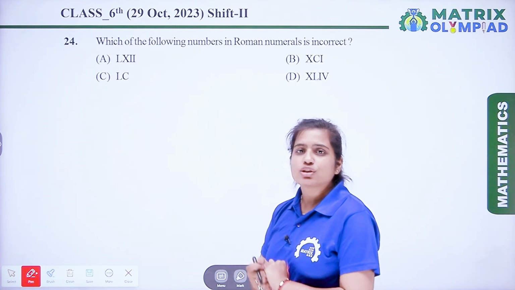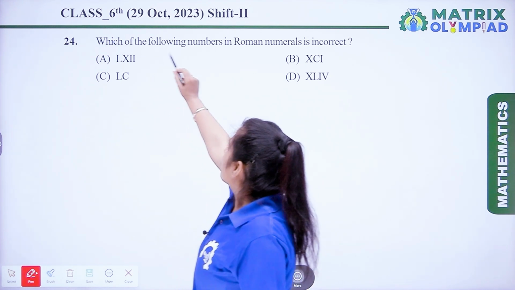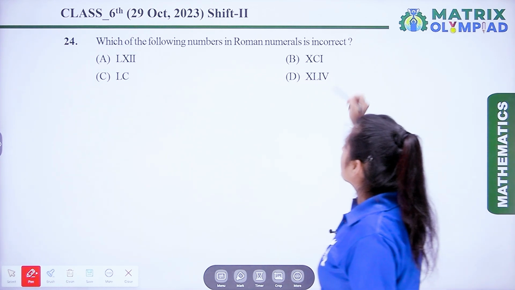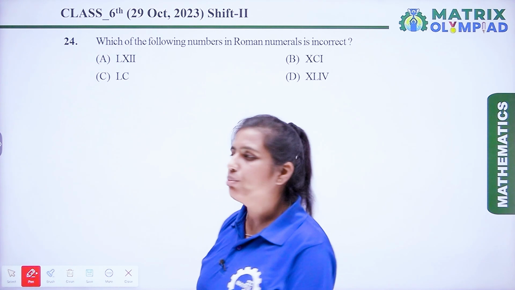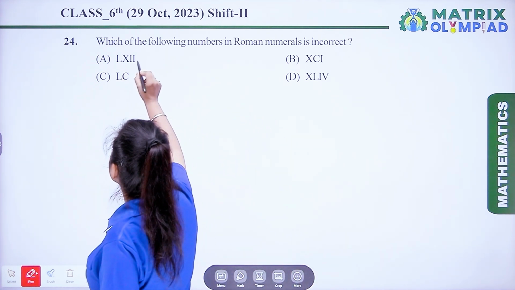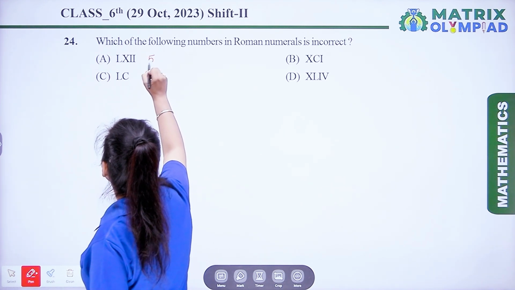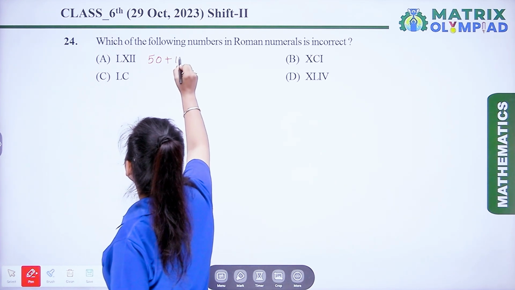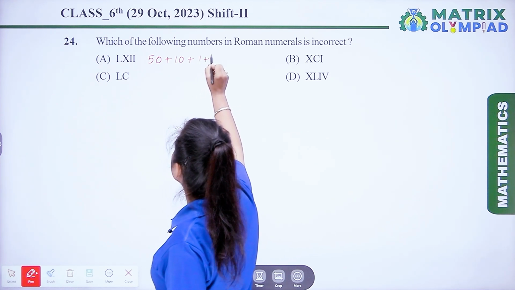Now the next question is question number 24. In this question, which of the following numbers in Roman numerals is incorrect? Now we have to find the incorrect Roman numeral. In option 1, it is LXII. It means that L represents 50, X represents 10 and I represents 1 plus 1.